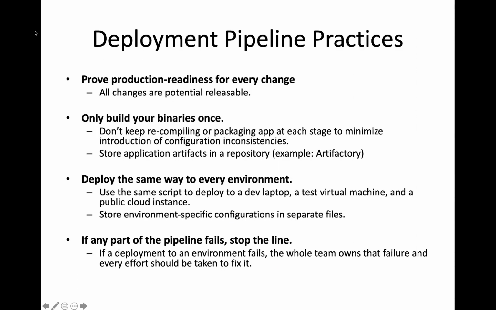So for this delivery pipeline, there are a number of practices, and I mentioned a couple of them, but essentially the goal of this pipeline is to prove that our software changes are production ready and that we're able to release our software at any given point in time. We only want to build our software binaries once. We only want one set of output artifacts that we build at the initial part of our pipeline, and we'll promote them through every subsequent stage.